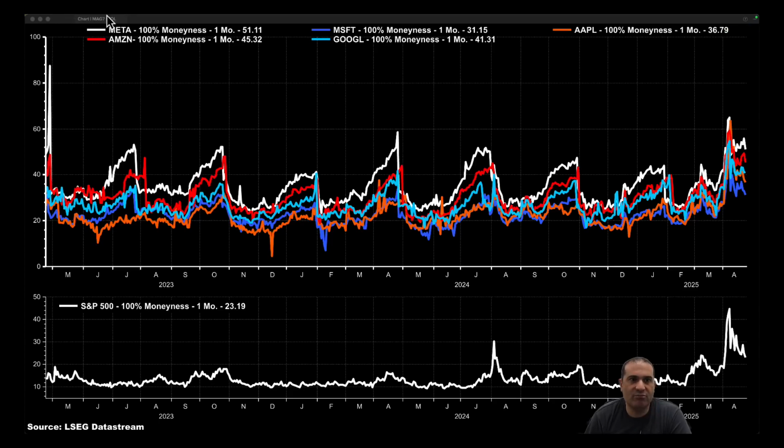Now, remember, the way an implied volatility dispersion trade works, now I've never done one myself, but I've studied the process and the mechanics of it quite a bit, and it seems to be pretty logical. The way it works is that you sell the volatility on the index, which would be selling the S&P 500 volatility.